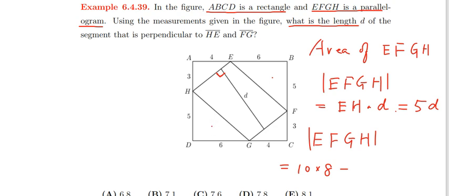These triangles are the same in pairs, so we just subtract 5 times 6 and 3 times 4. So we set 5D equal to this, and we can find D.